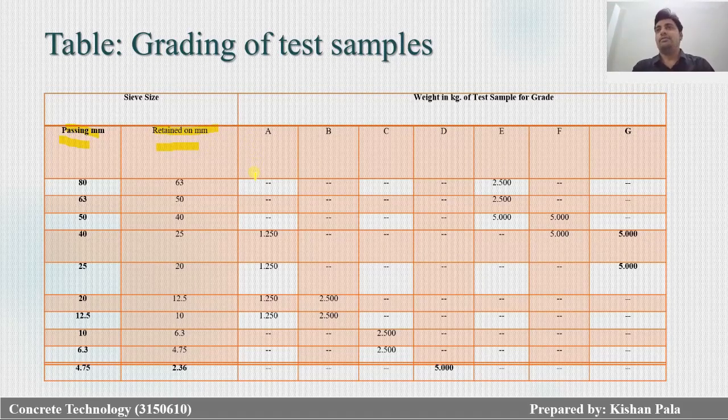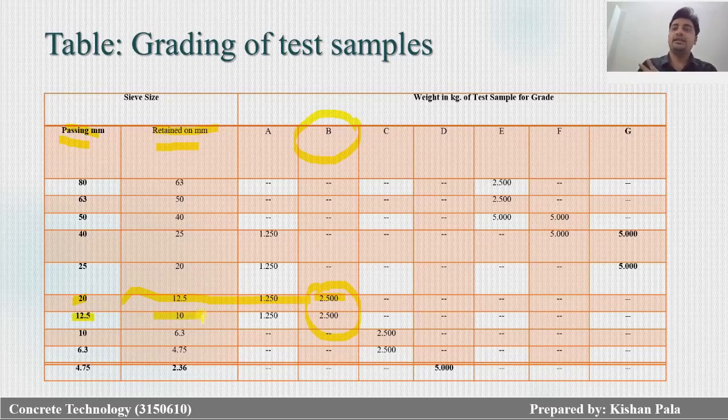Clear? And for example, we are taking a B grade sample. So we need 2.5 kg plus 2.5 kg of the sample for finding the abrasion value of the aggregate. 2.5 kg for 20 mm passing and 12.5 mm retained, and the second sample I'll take 12.5 mm passing and 10 mm retained.